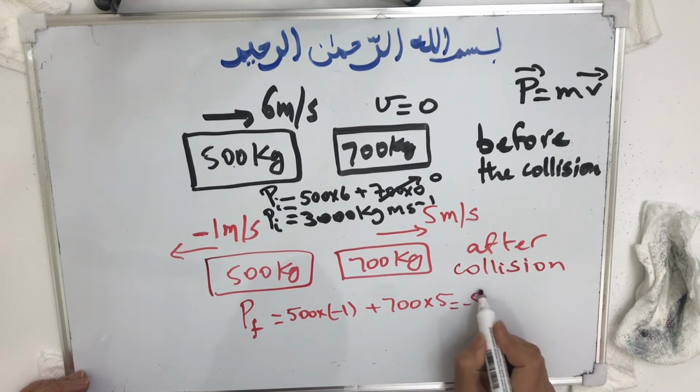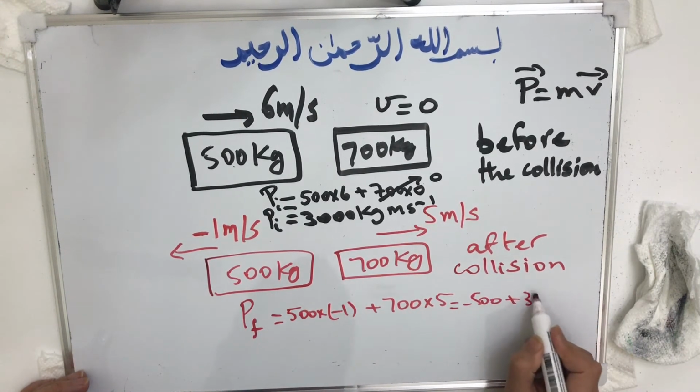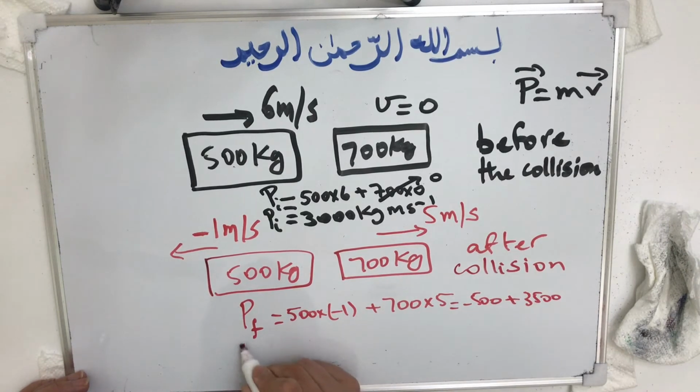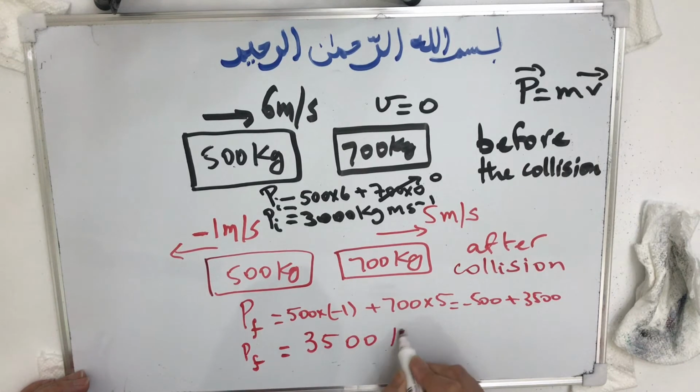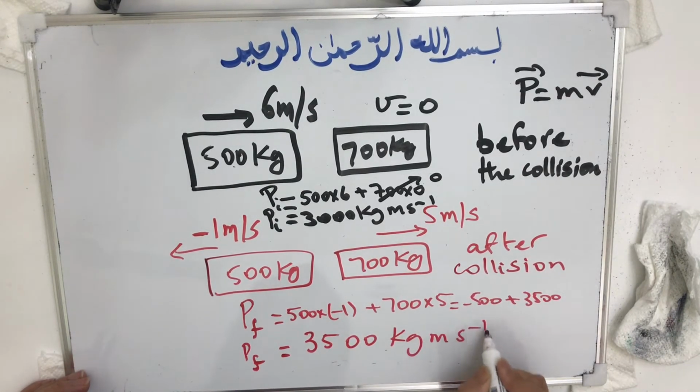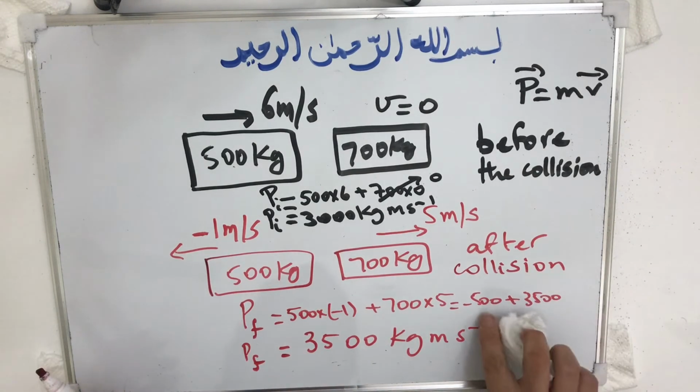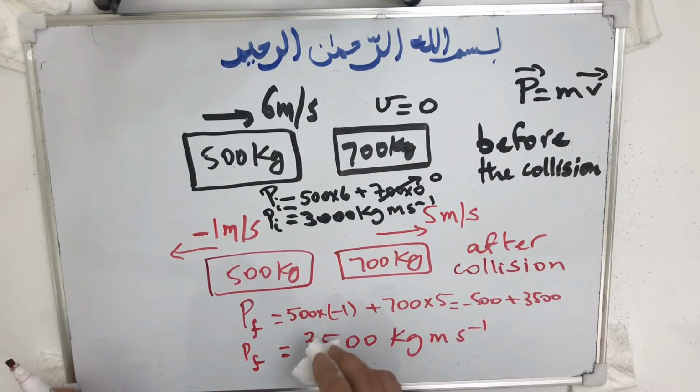So I'm going to have a PF of 3,000 kilogram meter per second, okay?